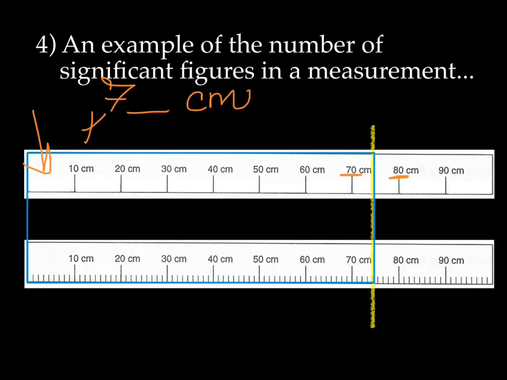We know the 70. The something we're going to have to estimate, and I'm going to estimate it's 74. So using the top ruler, I came up with a measurement of 70-something centimeters, 70 probably 4 centimeters.